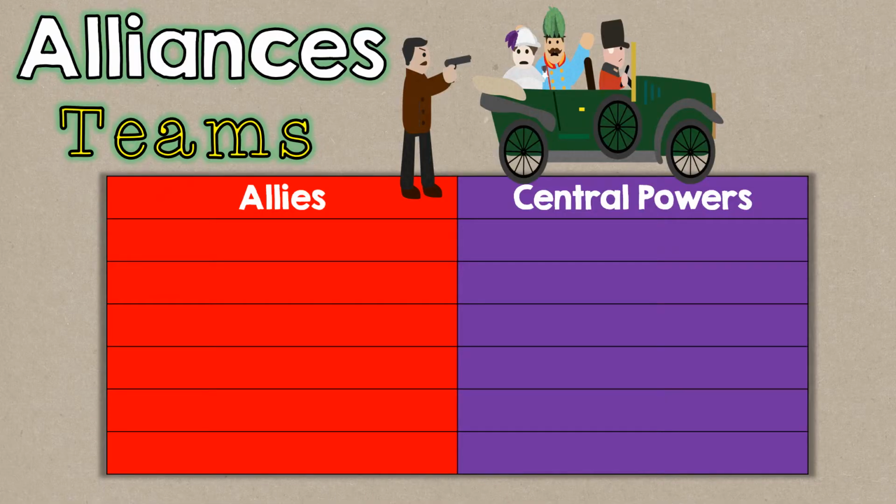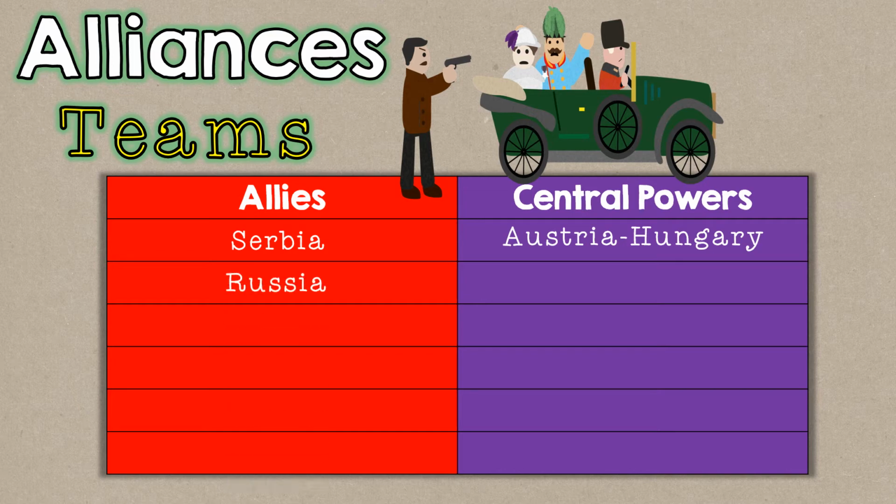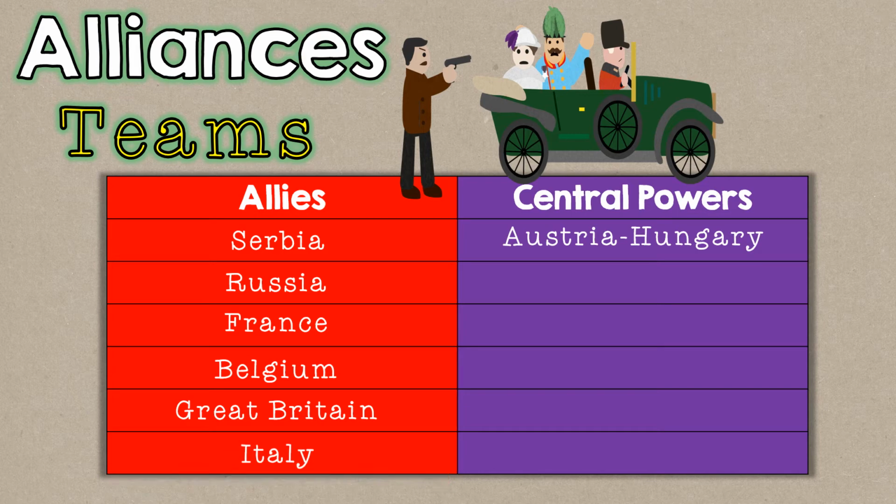So the alliances, or the teams that we have for World War I at this point, we have Serbia on the Ally side and Austria-Hungary. Those two started the war and they're the biggest ones that are fighting at this point in World War I. Then Serbia asked Russia for help, and then France, and then Belgium, and Great Britain, and Italy.